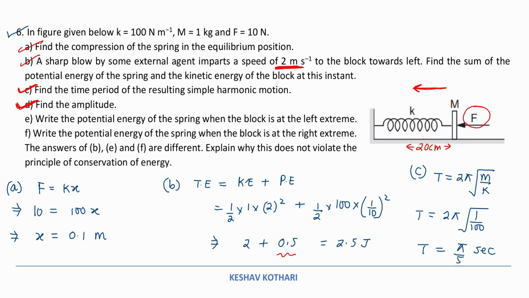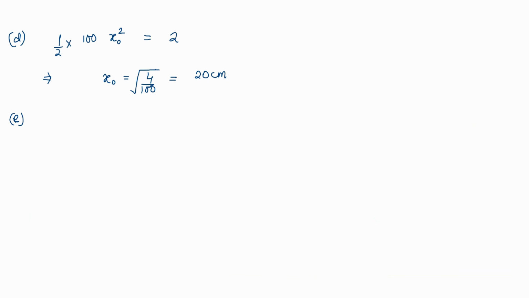So when the block is at the left extreme, the energy is stored in the form of impulse energy, that is half m v squared, plus the work done by the applied force, that is force into displacement, which is 20 by 100, followed by the initial spring energy, that is half k x squared.